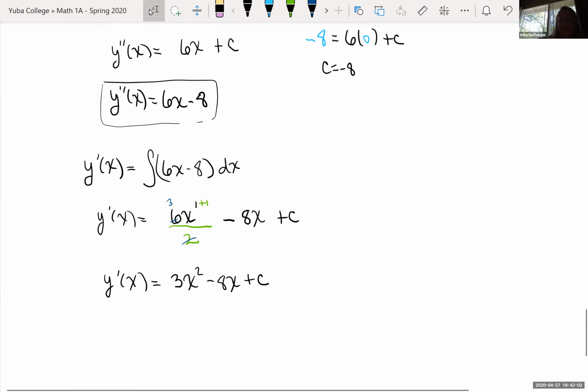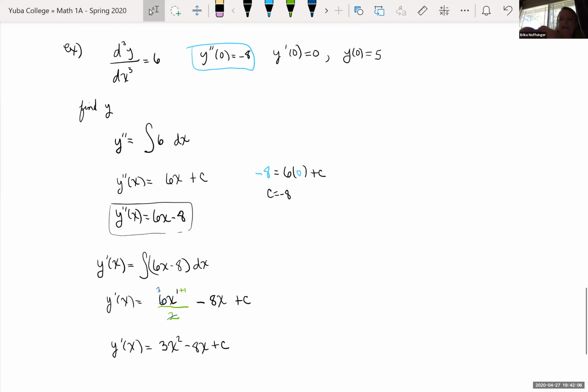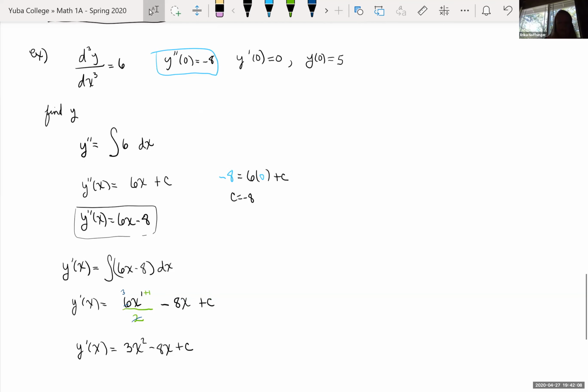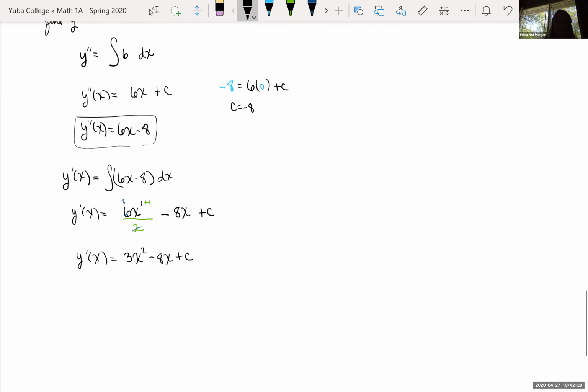But we're given information about the first derivative, so we can figure out what c is. We were given that y prime of 0 is 0.